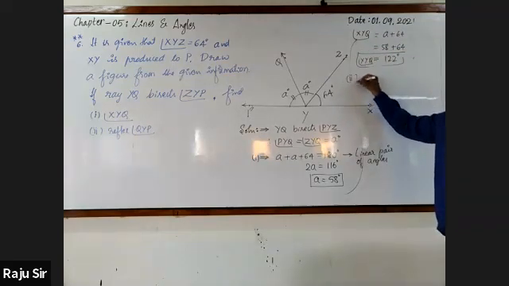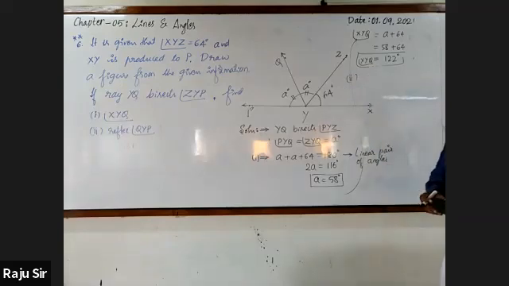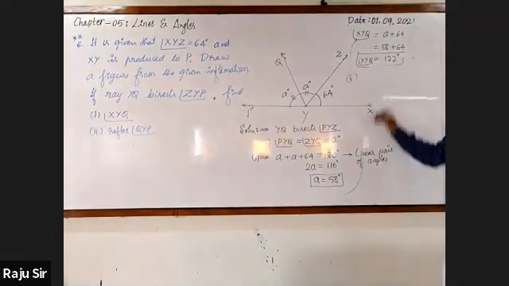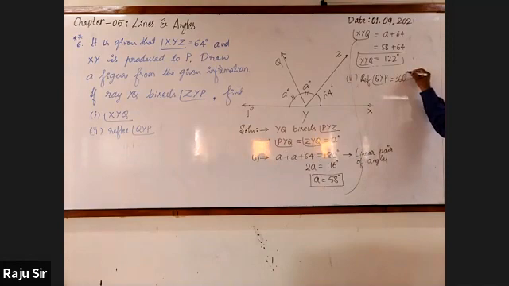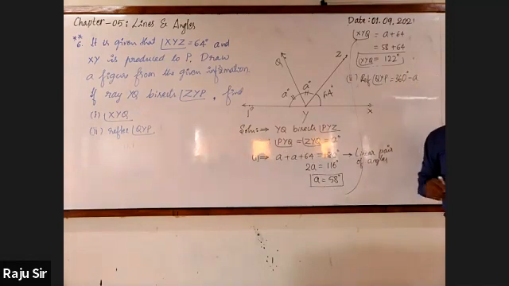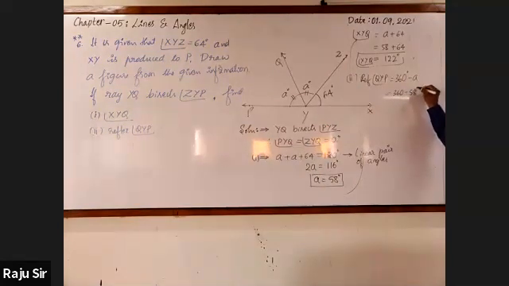Next we want the second one, reflex angle QYP. Reflex QYP is equal to 360 degrees minus A, 360 minus 58.